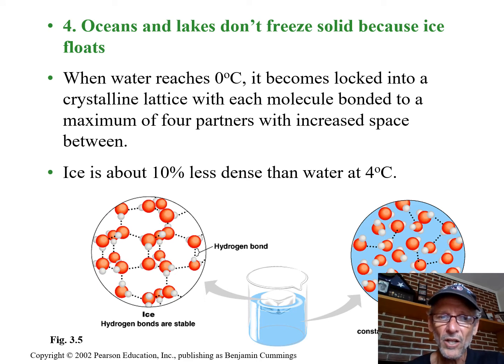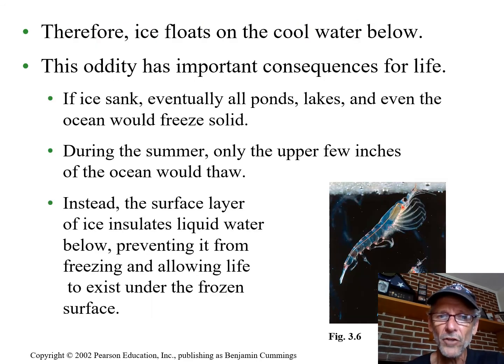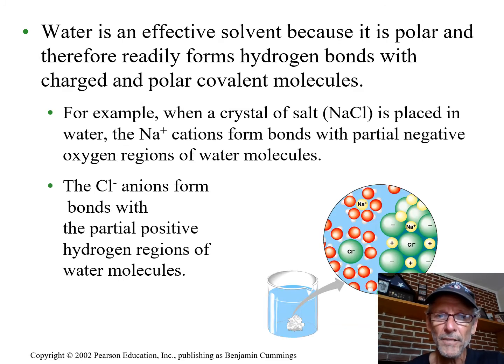The lower density that ice has compared to liquid water causes it to float, and that means in the winter lakes, or even oceans if it's like an ice age, freeze from the surface down and aren't going to freeze all the way down, and therefore life will still be able to exist, with water in its liquid state.